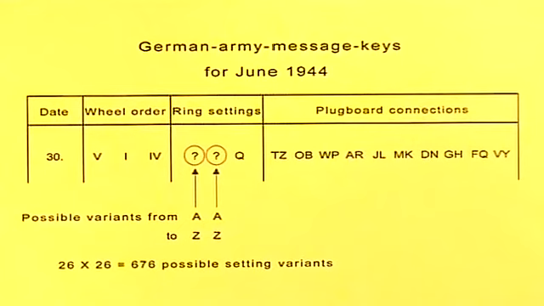This results in 676 possible setting variants for the ring settings of the middle and the left rotor. One of these setting variants is always correct, the other 675 setting variants are always wrong.